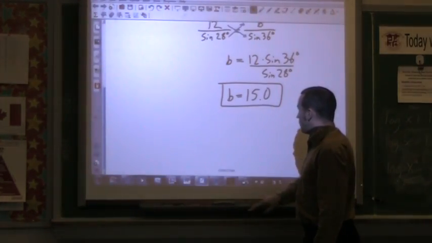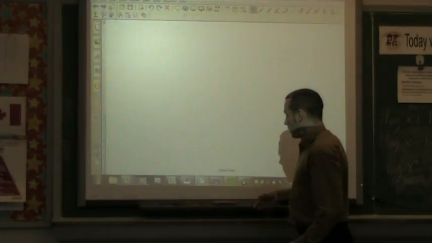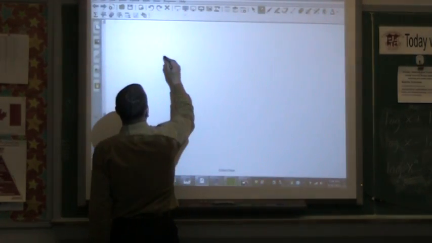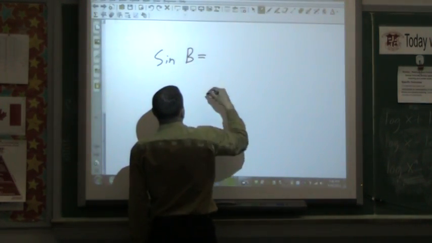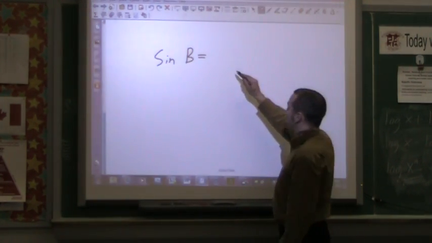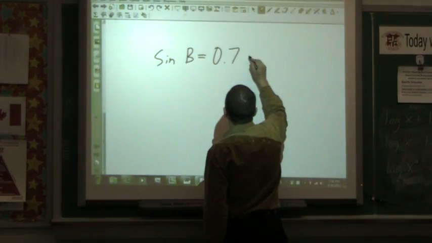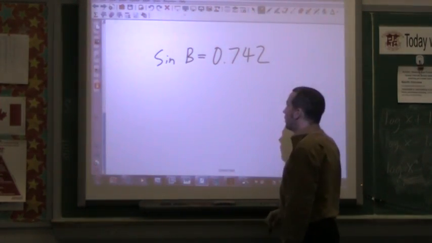Really quickly, I'll simulate getting to the end of the problem, where you've solved it and you have sine B equals some type of decimal, say 0.742, something like that.